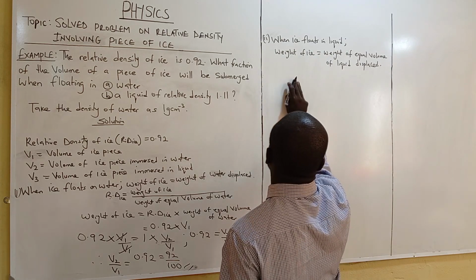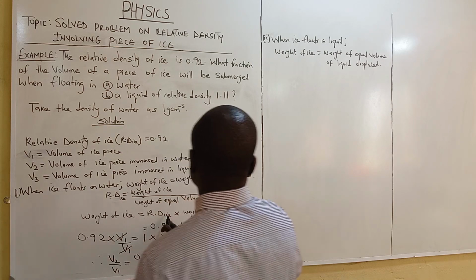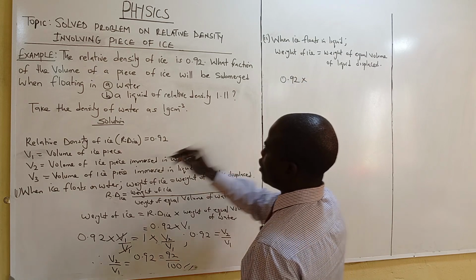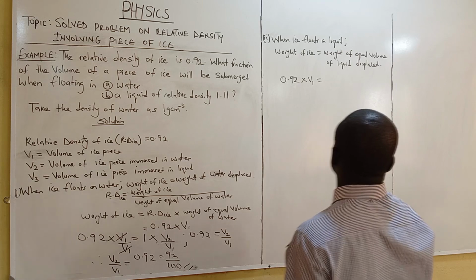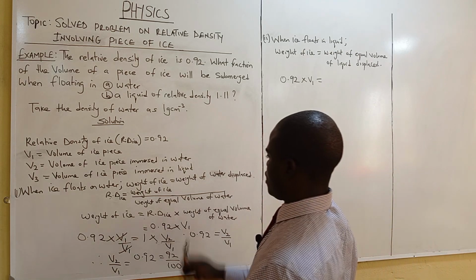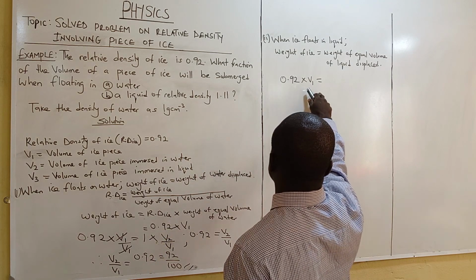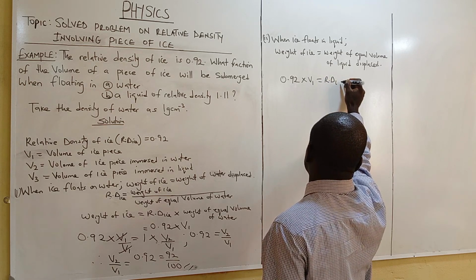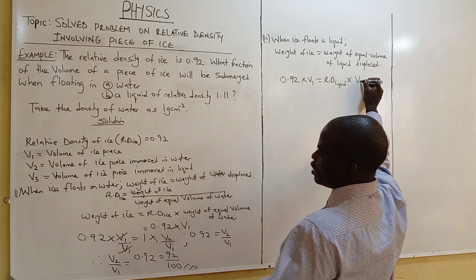Now, since it's like that, weight of ice, we still go back. Since we are dealing with the weight, relative density of the ice, 0.92 times V1, volume of ice piece, equals weight of equal volume of liquid displaced. What is the relative density of the liquid? Density of the liquid multiplied by its volume, that's V3.